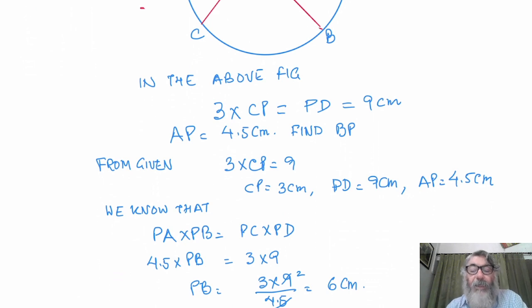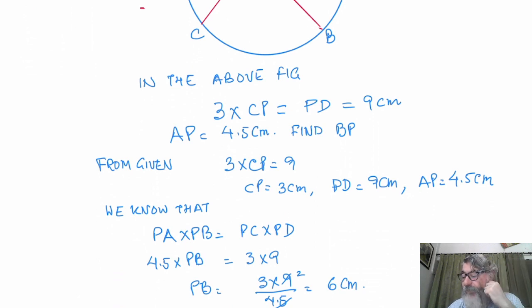First he gave you a relation: 3 into CP is equal to 9. From that I got the value of CP as 3, and PD is equal to 9. So we have CP, PD, and he had already given the value of AP, and he wants to find PB.